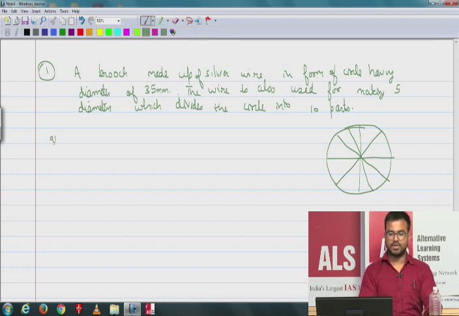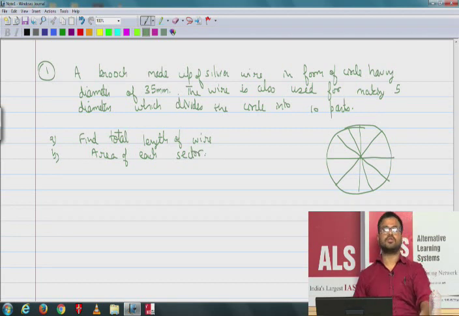So you have to find two things. Find total length of wire and area of each sector. Do these two parts.